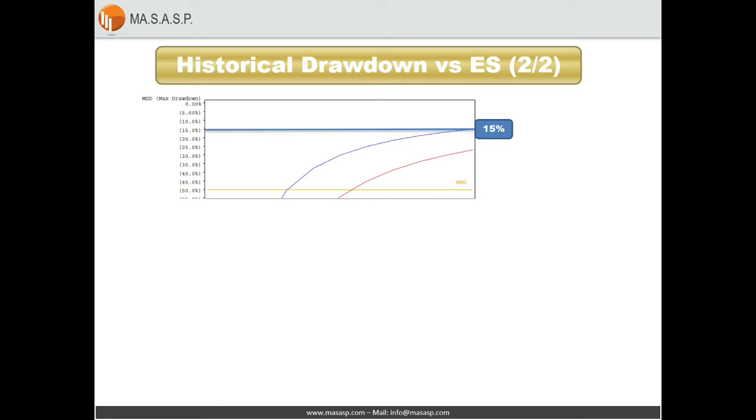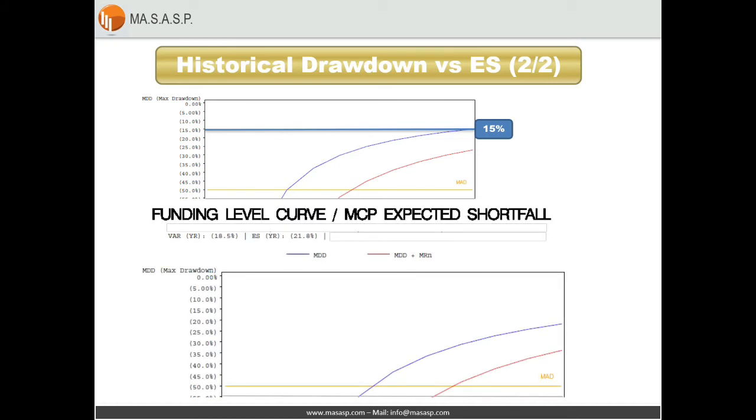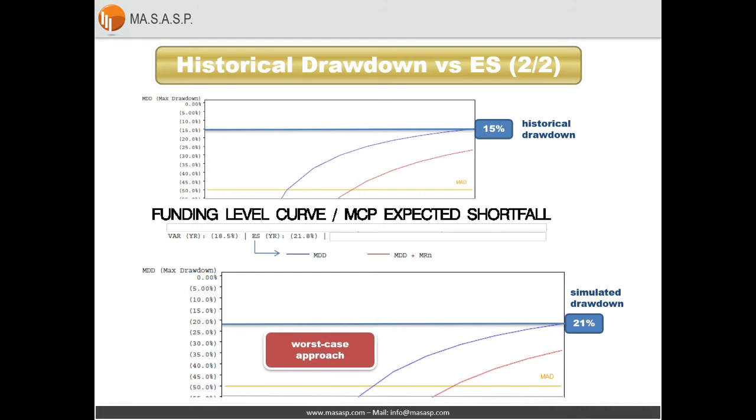The expected shortfall is rather in line with the historical estimate, but it's usually bigger in absolute value, because the expected shortfall, calculated as explained here, offers a worst-case view. In fact, it reads 21%, 21.8 for the sake of precision.